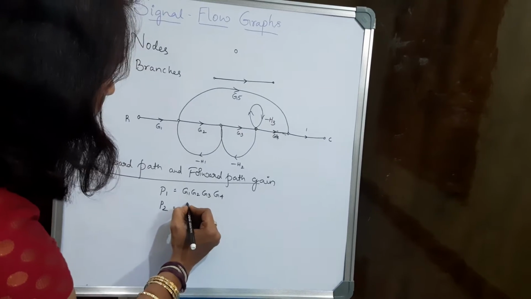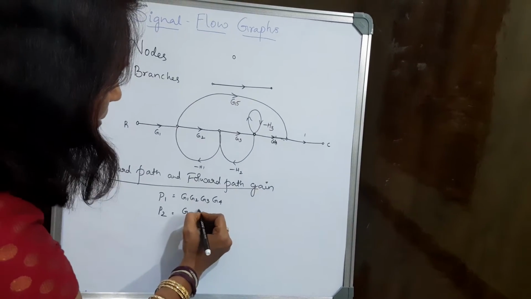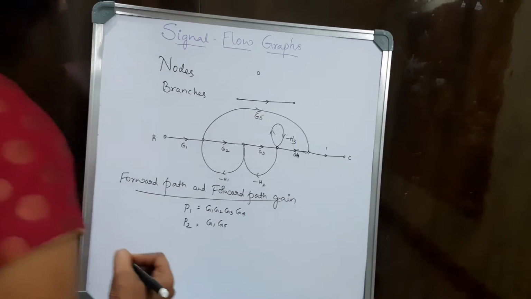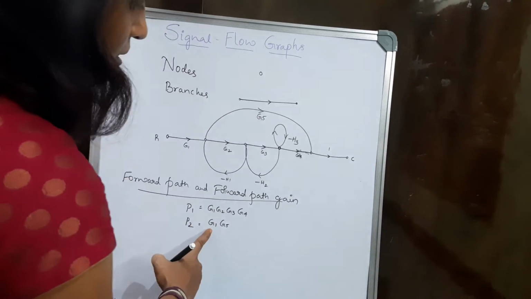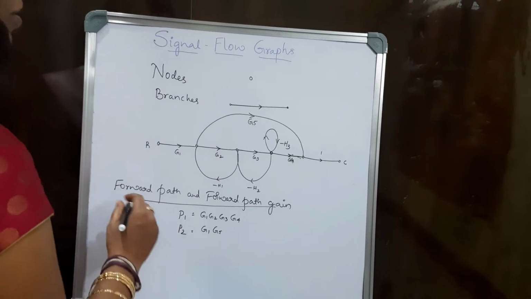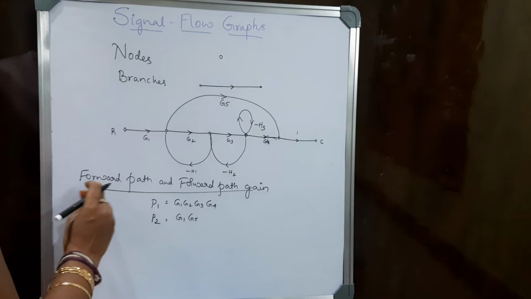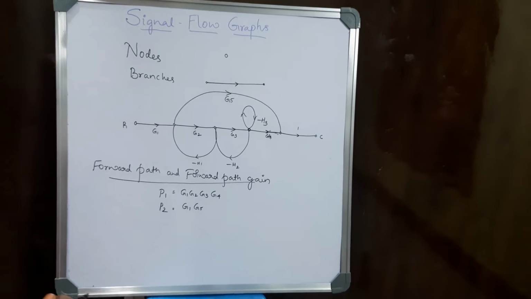This path connects the input node to the output node without entering any node more than once. So obviously it is G1 into G5. This is the first case, where we have to find the forward path and forward path gain.